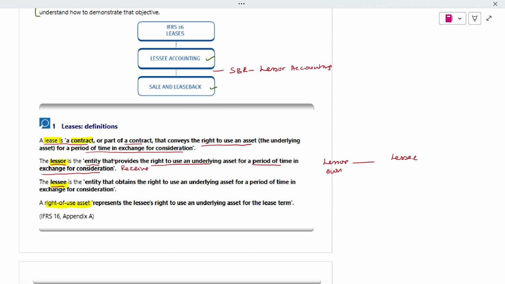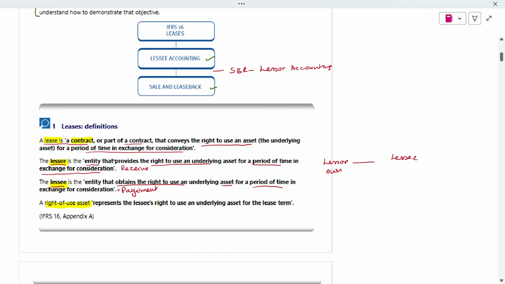The lessee obtains the right to use the underlying asset for a period of time, 5 years, 3 years, whatever it is, but not less than 1 year. Less than 1 year is a short term lease, and there is a separate rule for that. In exchange for consideration, the lessee has to make the lease payments.